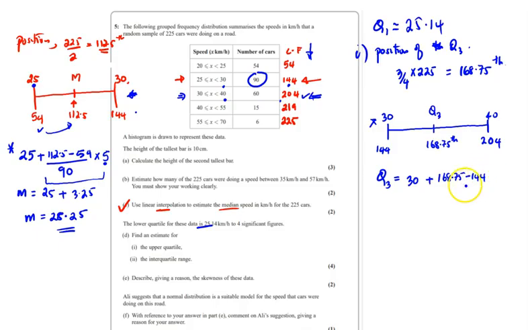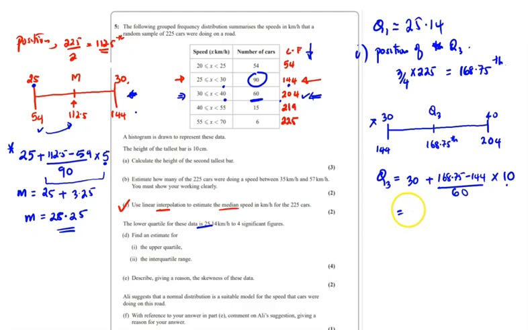Out of how many cars in that class? There are 60 cars in that class, multiplied by the size of the class, 10. You're asking yourself, this fraction of cars I need, how many units are they going to represent out of the 10 units?